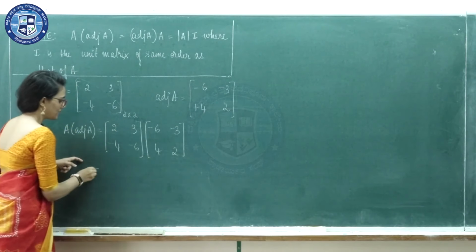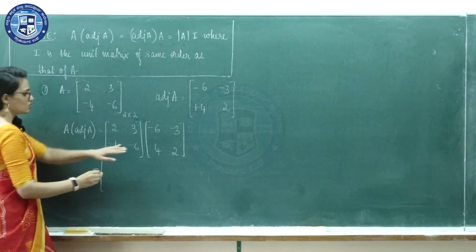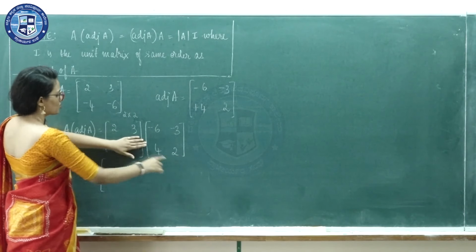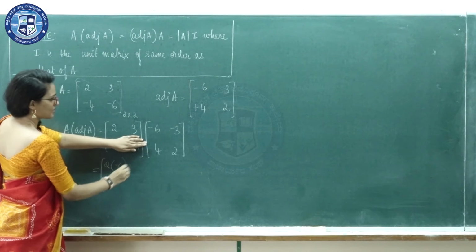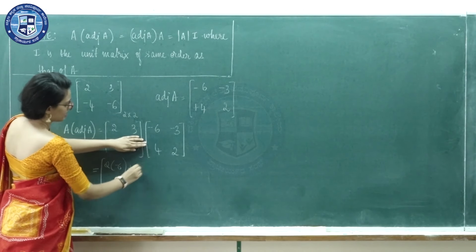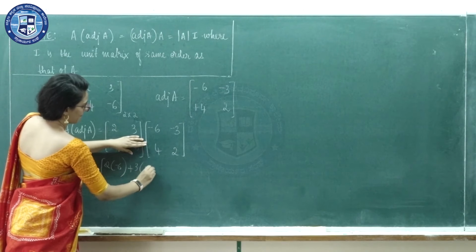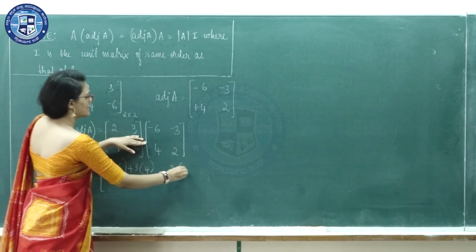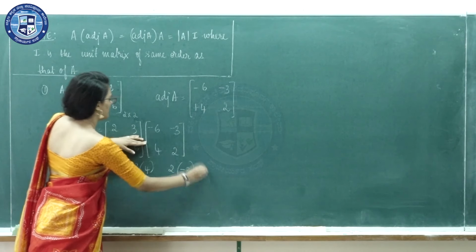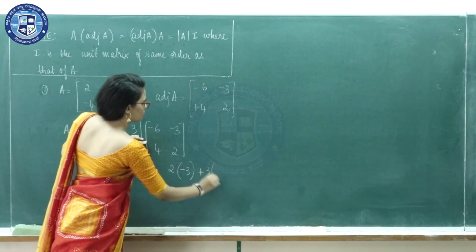So let us multiply these two matrices. So row into these two columns. So 2 into minus 6 plus 3 into 4. Next term 2 into minus 3 plus 3 into 2.